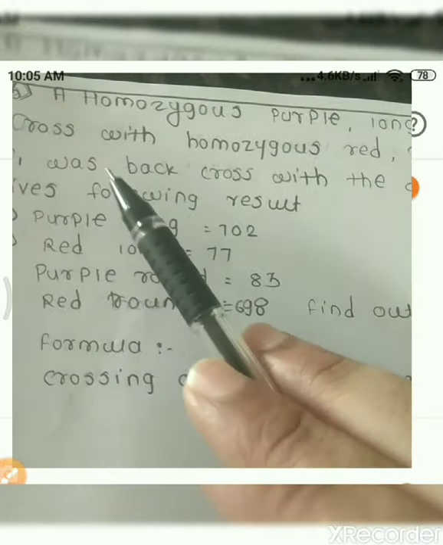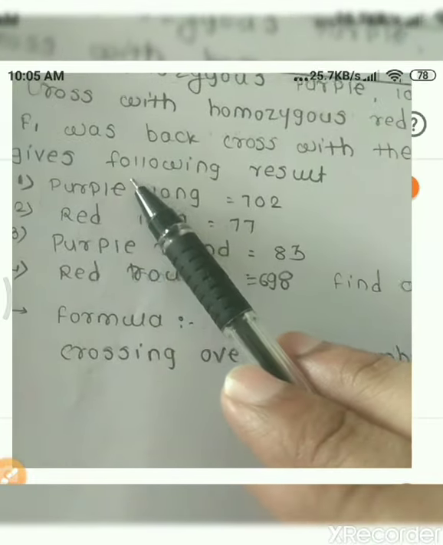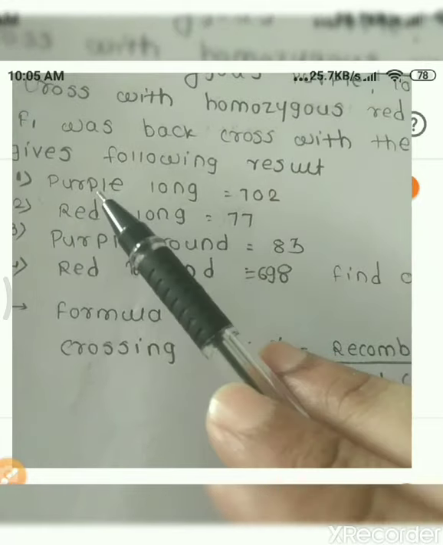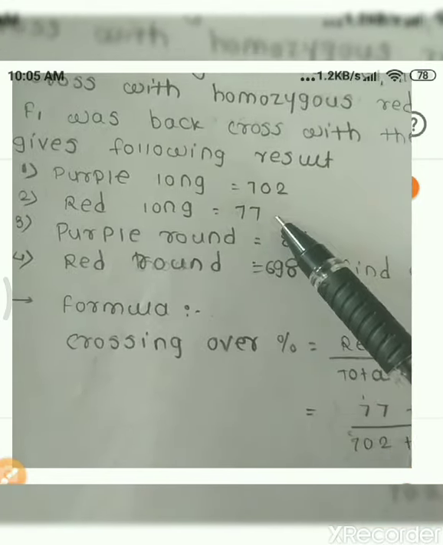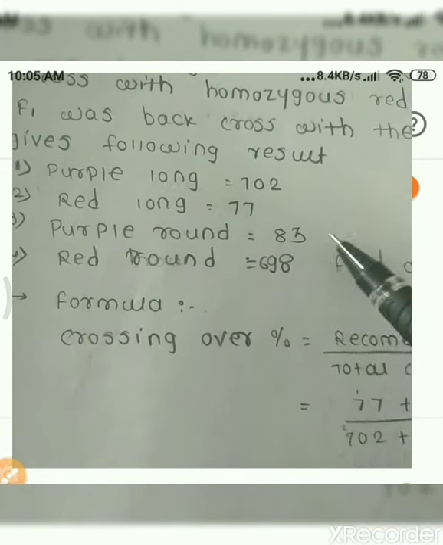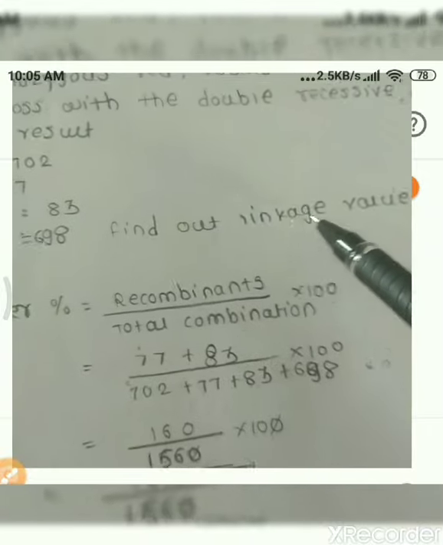The purple long F1 was backcrossed with the double recessive parent, which gives the following results: purple long 702, red long 77, purple round 83 and red round 698. Find out the linkage value.